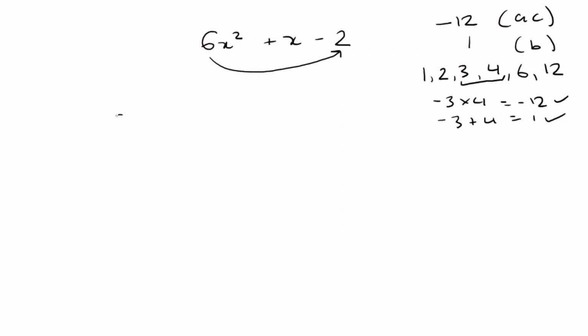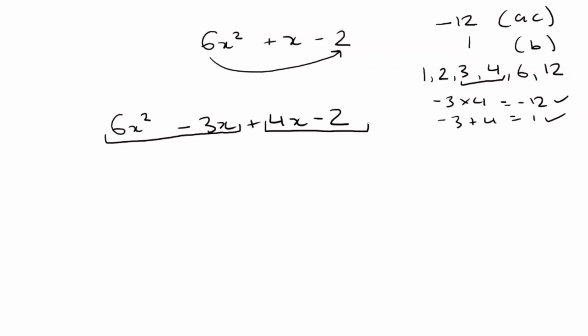So now let's rewrite this term. That's 6x squared minus 3x plus 4x take 2. And now we'll have to group these. So we group these two together and we group these two together. Now, over here, we can factorize this further. We know that 3 and x would go into both sides. So 3x goes into 6x squared by having 2x and minus 1 over here.